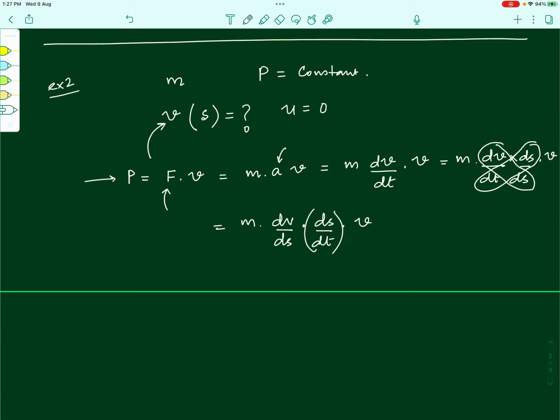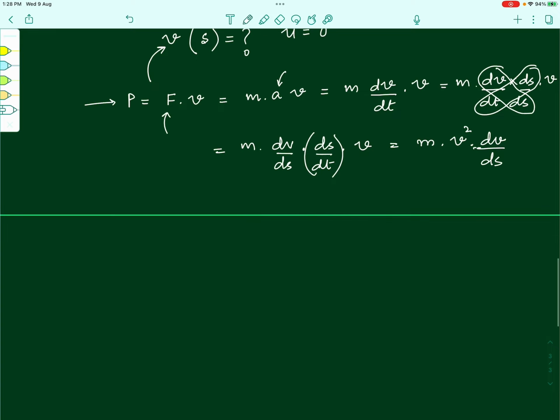This ds by dt is nothing but v itself, so we will get a v squared. So we get m into v squared into dv by ds. This is what we are getting as the power P, which is a constant. So let's write it once again. m v squared into dv by ds is equal to P, which is a constant.